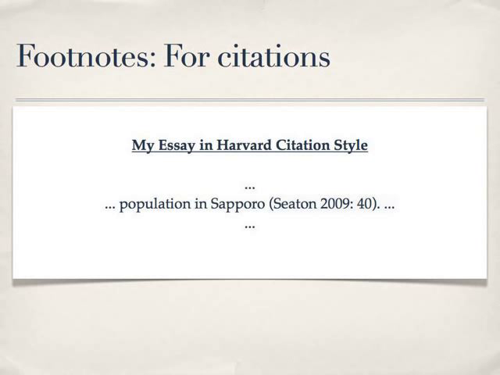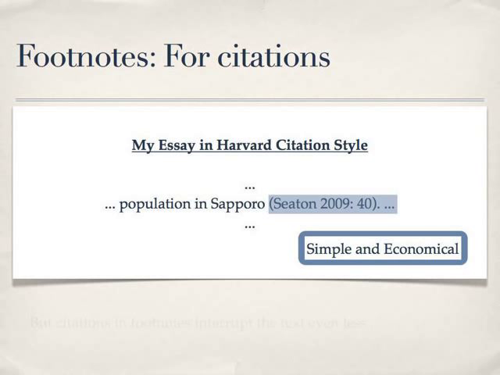Up until now, we have been using Harvard citation style. This is popular because it is very simple and economical. In academic essays with limited word counts, you do not want to use a lot of unnecessary words on references and bibliographical details. The advantage of footnotes, however, is that they interrupt the text even less. Let's give an example of converting a citation in Harvard style to one in footnotes.